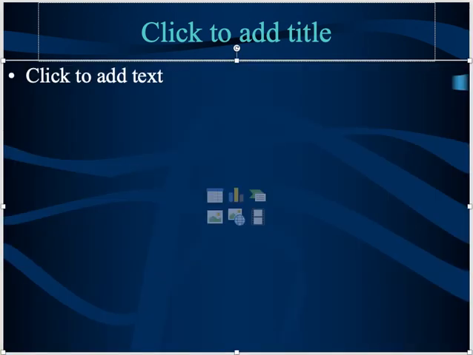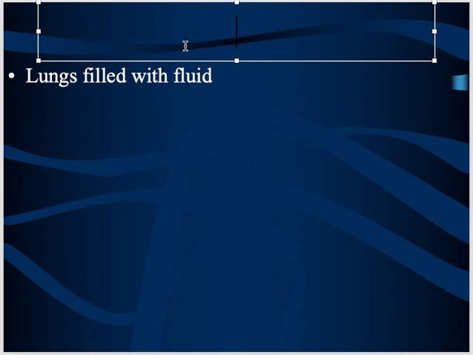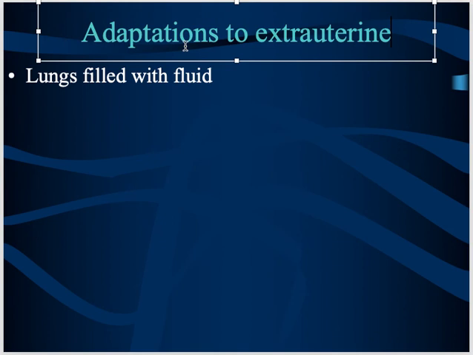When it's a fetus, the lungs are filled with fluid. What kind of fluid? Of course, there are adaptations which should be done for extrauterine life, when they come out.